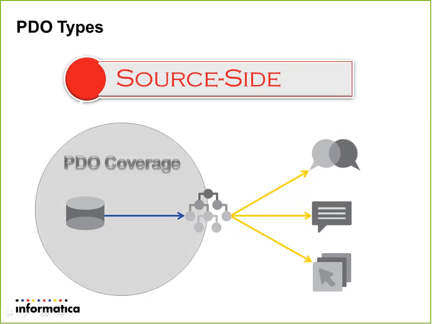Integration service generates and executes a select statement based on the transformation logic for each transformation. Then it reads the results of this SQL query and processes the remaining transformations.